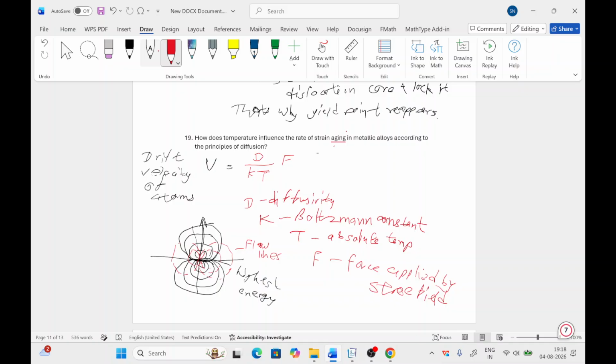So with an increase in temperature, the diffusion increases and strain aging will accelerate.